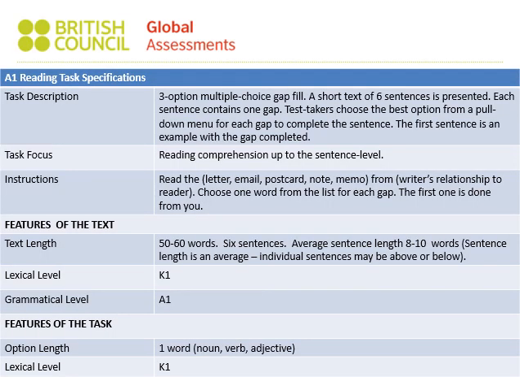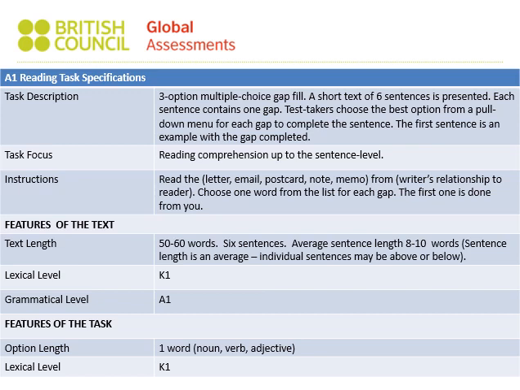These are the specifications for that A1 task we just looked at, and here's the information that an item writer would need to produce that A1 reading text. So we have the description. This is where it tells you it is a 3-option multiple choice gap fill, that there are 6 sentences. Each of those sentences will have 1 gap, and that the test taker is required to select from a drop-down menu the best option to fill the gap and eliminate 2 distractors.